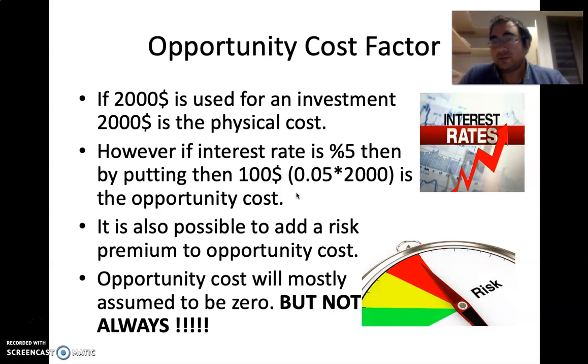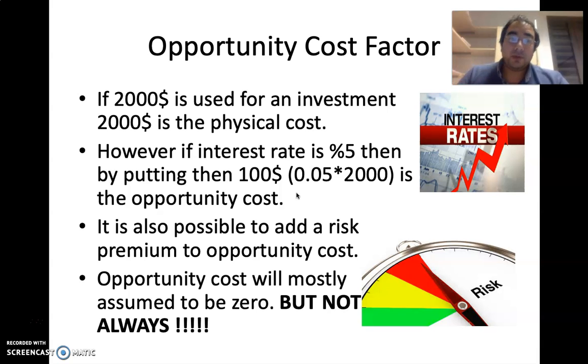Of course, if I buy tables, it might be a restaurant, but I can also use the tables for stuff if it's for example a supermarket to sell that stuff. I don't know. But anyway, if the $2,000 is the money I pay for this investment, $2,000 is my physical cost, the money I actually pay.